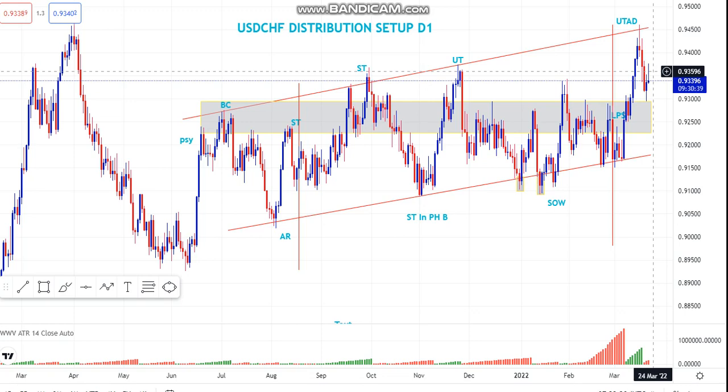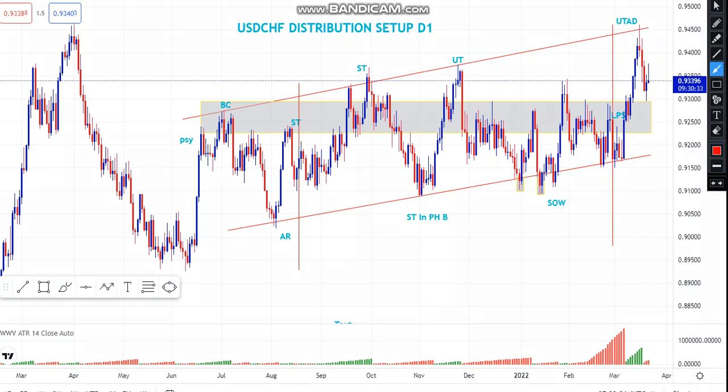So here, as per my analysis, according to this sign of weakness, this is the sign of weakness. This is upthrust and this is upthrust after distribution.